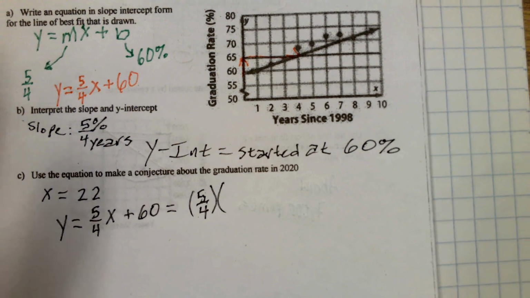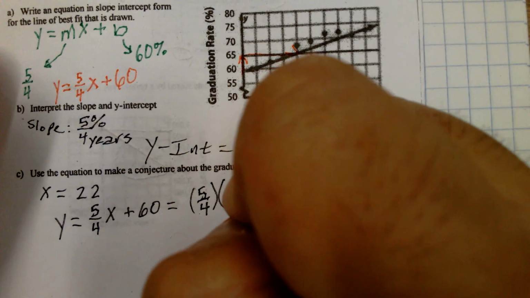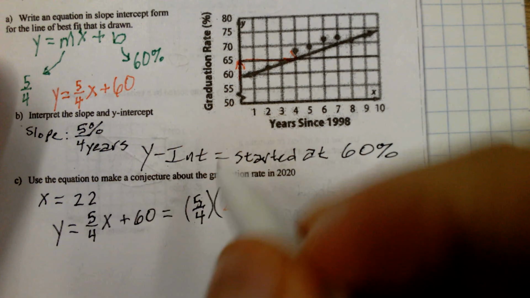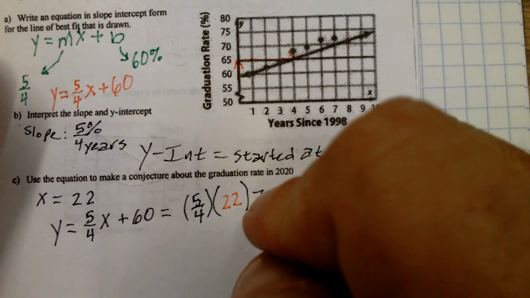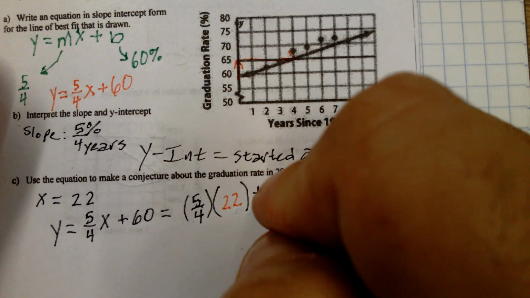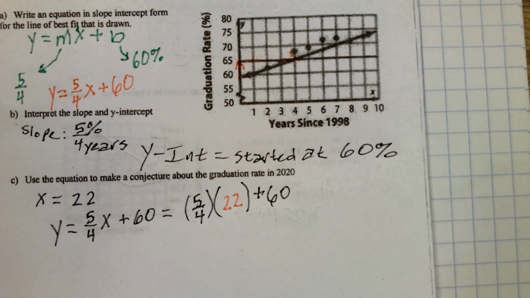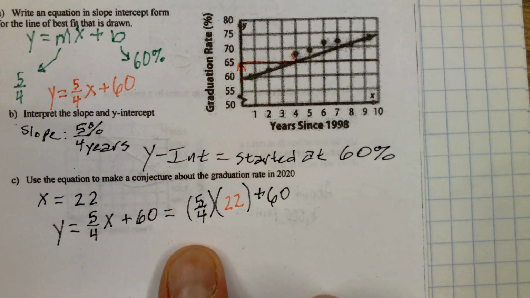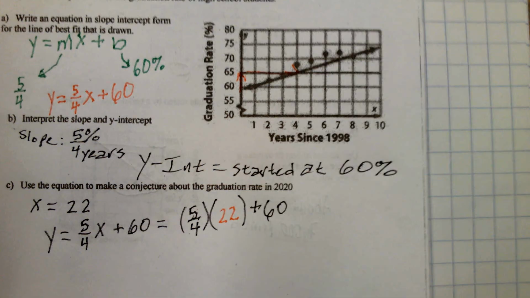Then we're going to replace x with 22. So that means times. Remember, parentheses next to each other means to multiply. And then we're going to add 60. So this is what we're going to enter into our calculator: in parentheses, 5/4. In parentheses, 22 right next to it, plus 60.